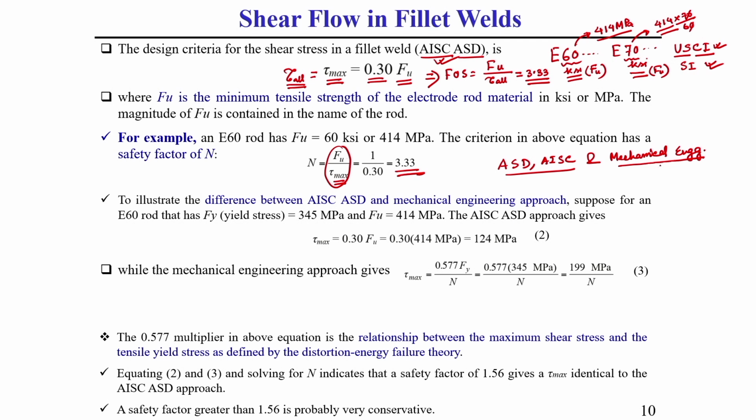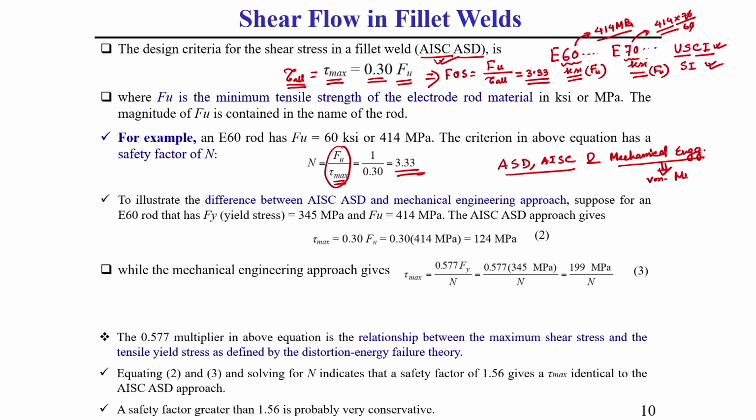In the mechanical engineering approach, for finding the design tau max or allowable stress, we use the maximum shear stress yield criteria, or the maximum distortion energy criteria.